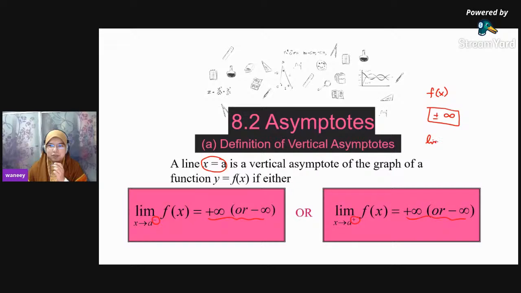By the way, limit for x approaching infinity is invalid, okay? Yang ni tak valid lah, tak boleh. Saya nak satu nilai. How can you get an infinity, or something undefined? How do you get undefined?